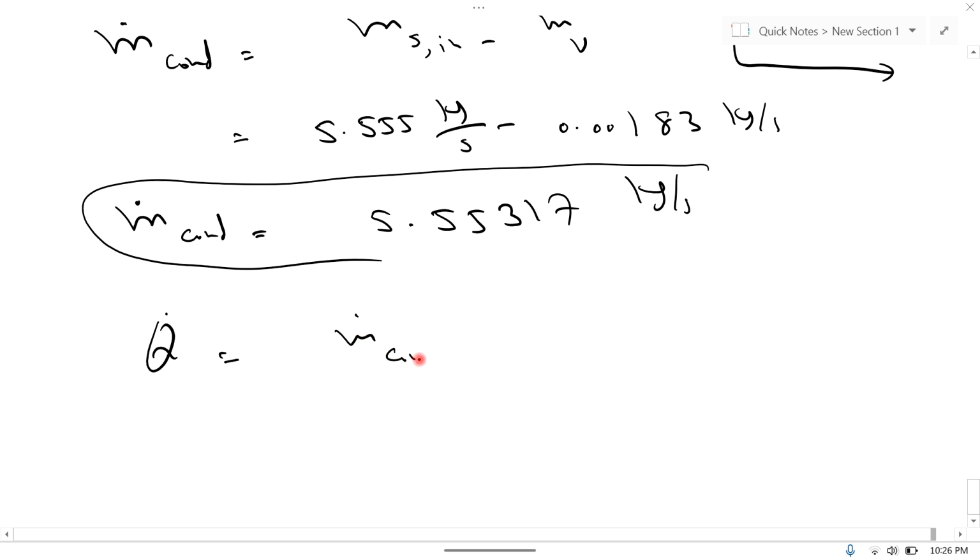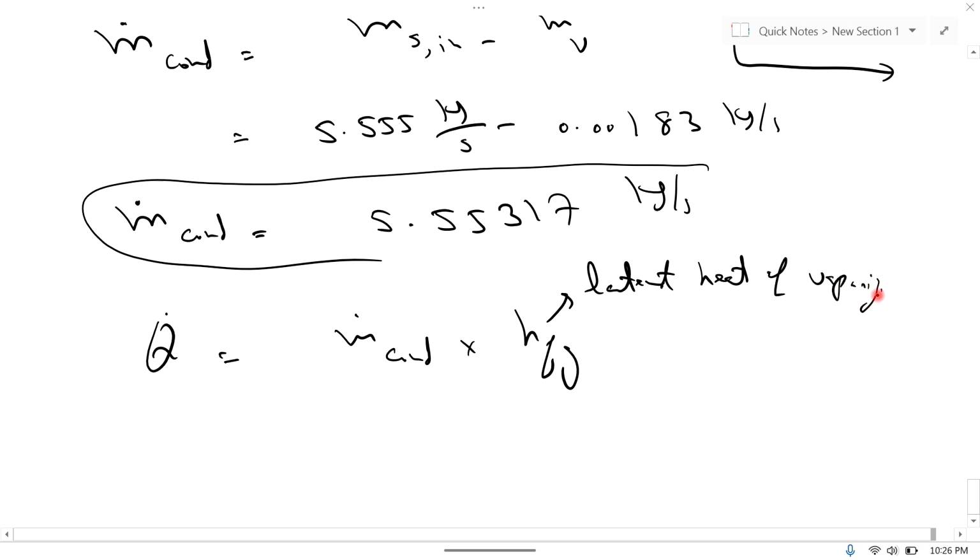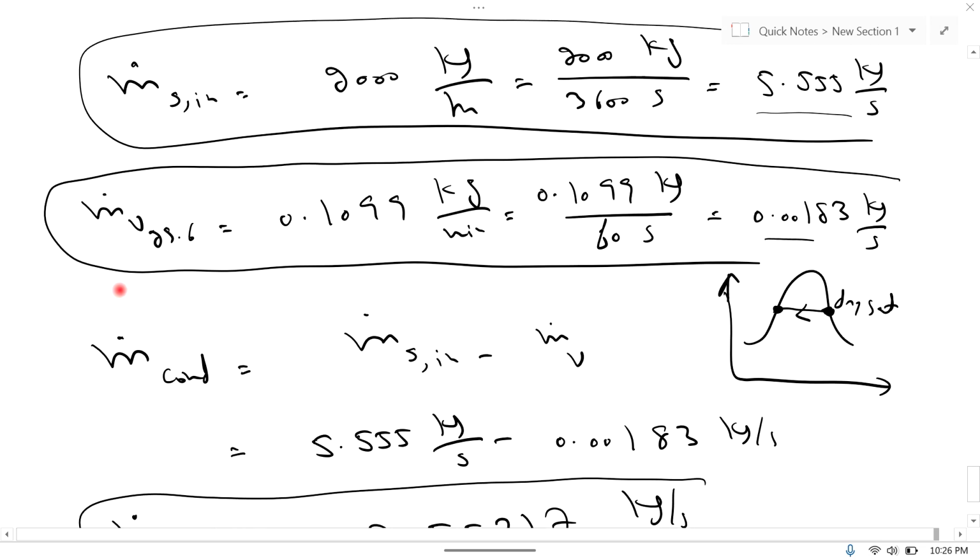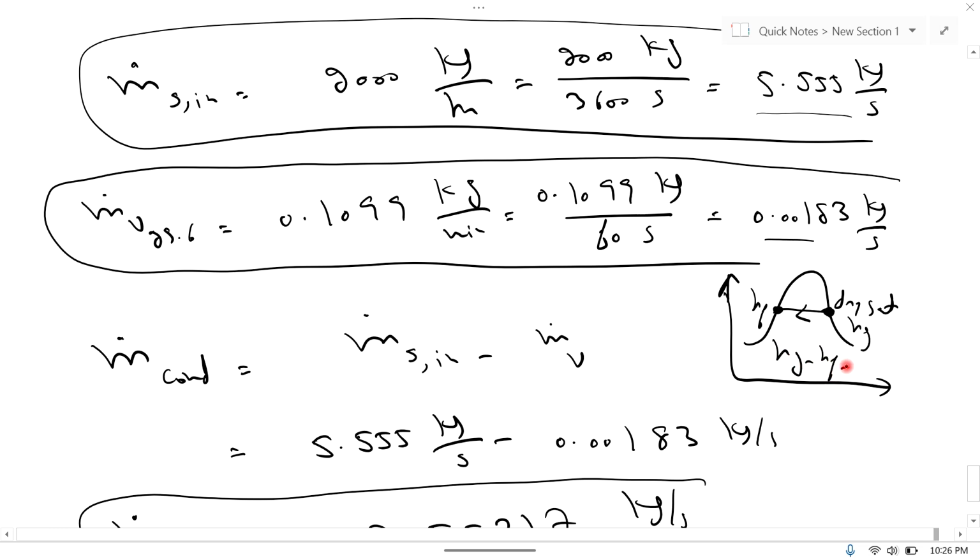Now we know that heat rejected is equal to mass of condensate multiplied by latent heat of vaporization. And we know that here enthalpy is hf and this is hg, and hg minus hf is equal to hfg. So from this point to this point, the difference is basically latent heat of vaporization.